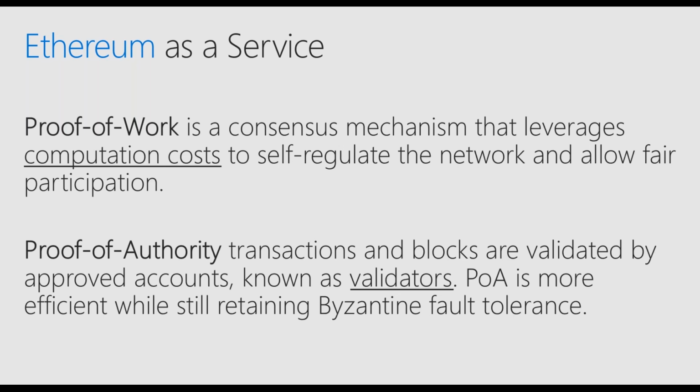There are other ways of doing mining based on other consensus mechanisms. A very popular one is proof of authority, where you don't need to do the mining at all. You rely on some special nodes, special accounts called validators, that have the authority to validate transactions for you.